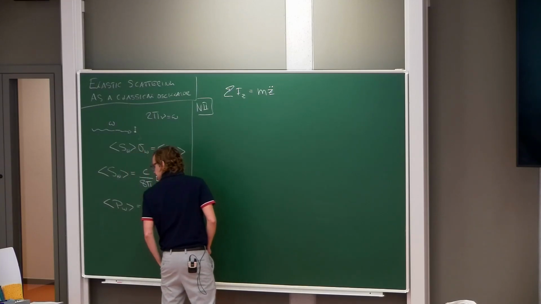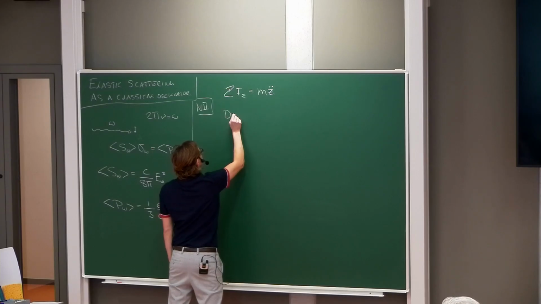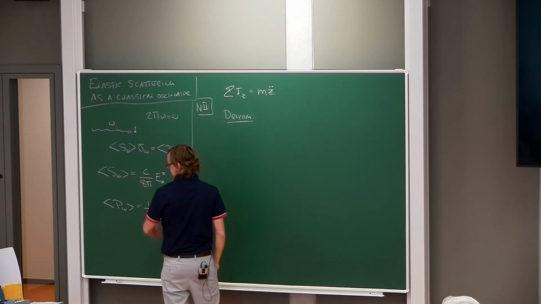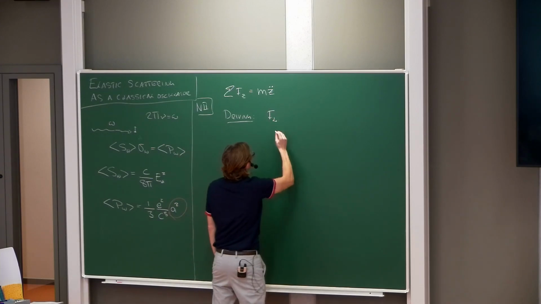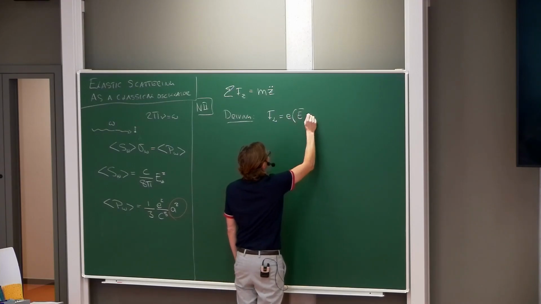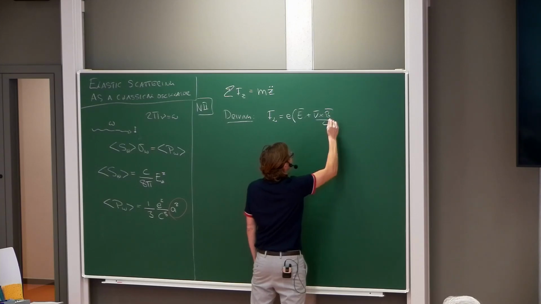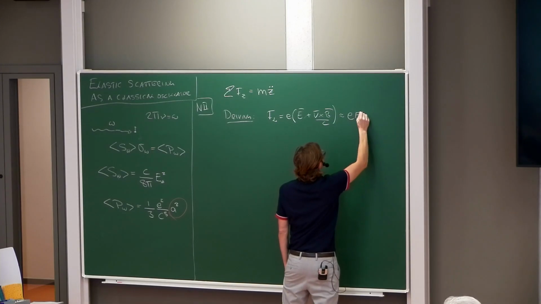So what forces do we have? Well, we have the driving force, right? The driving force is the incoming electromagnetic wave, so that's the Lorentz force. We knew that the Lorentz force for a charged electron was just E plus v cross B divided by c. We're always here in the non-relativistic limit.